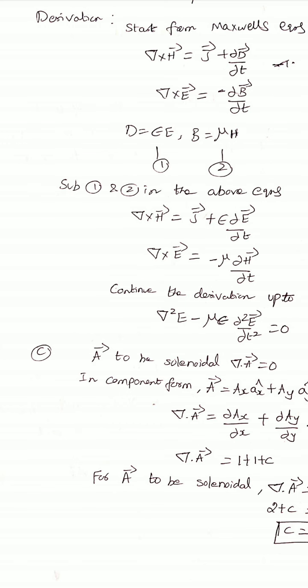Then from this data, from this question, we should find out the constant c value. So in this equation, a constant c is there, so that value we have to find out. So in the question the vector A is given to be solenoidal, so it means del dot A equals 0. Okay, so then A vector we have written.